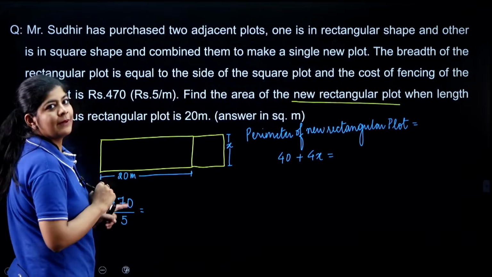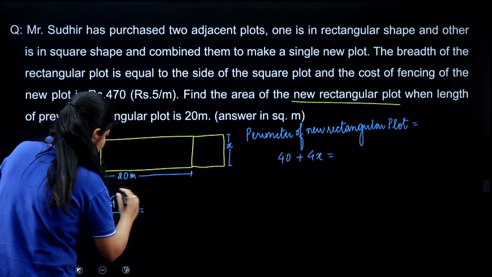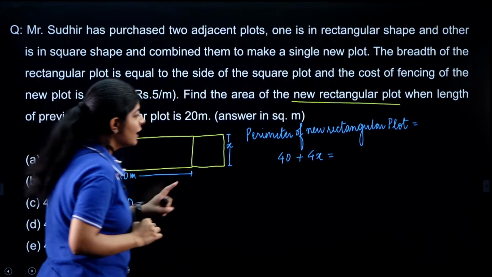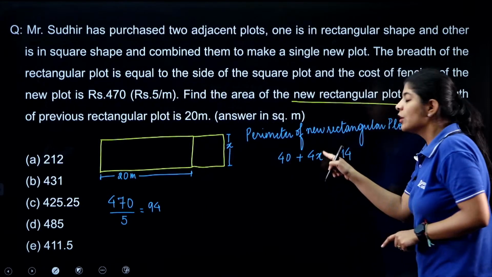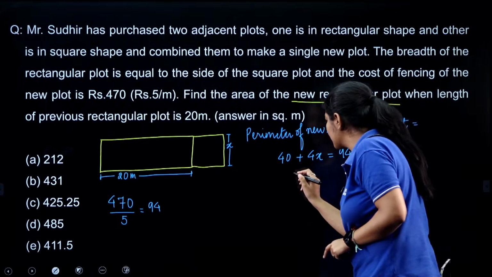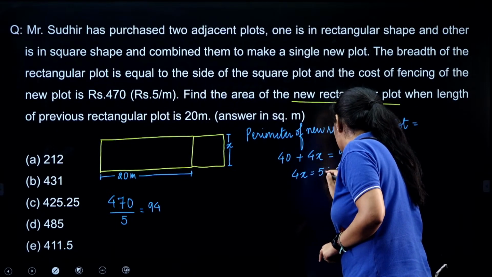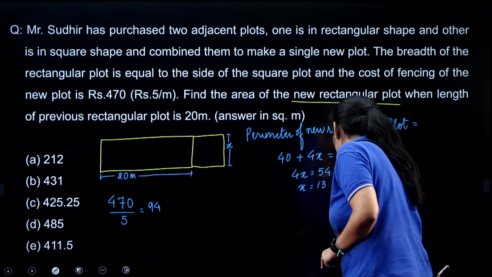This also gives me the total perimeter, so it is nothing but 94. So this value is equal to 94. From this we can easily calculate the value of x. 4x is 54, and the value of x that I am getting is 13.5.